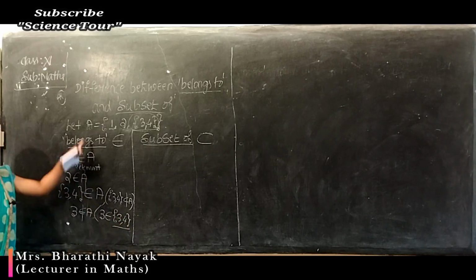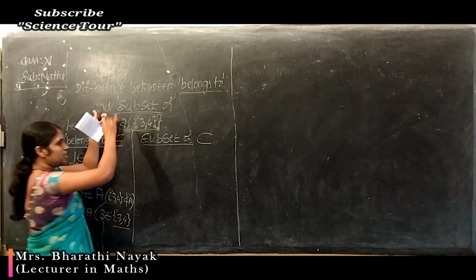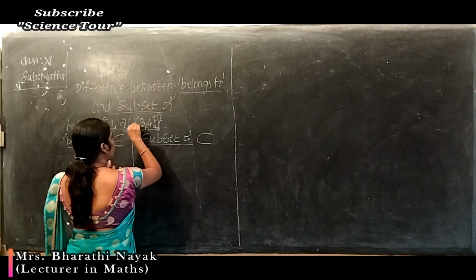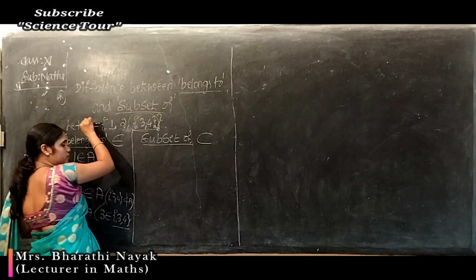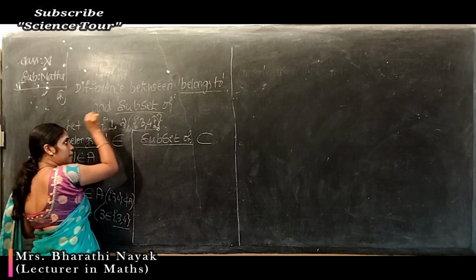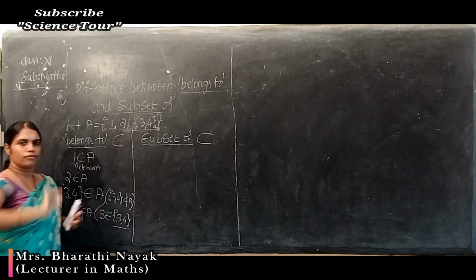It is not an element of the given set. Understood? 3, 4 is enclosed within two flower brackets, so 3 is not an element of set A, but it is an element of the set containing 3 comma 4.